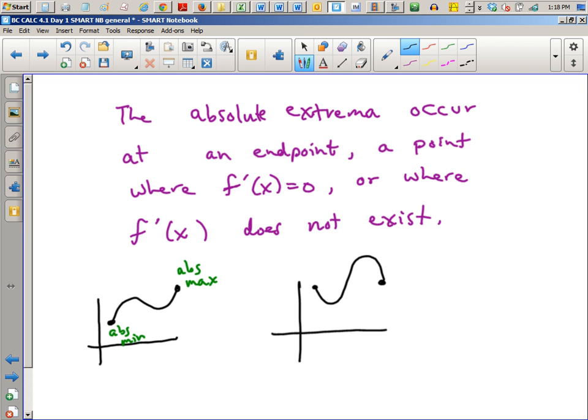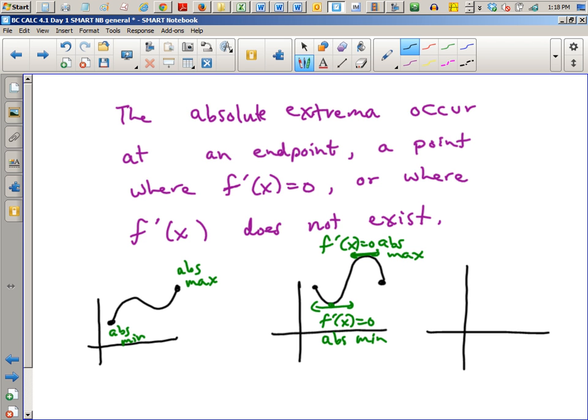This might be like a sine wave. The absolute max occurs where f prime is 0, and so does the absolute min. The third diagram will demonstrate the third case.